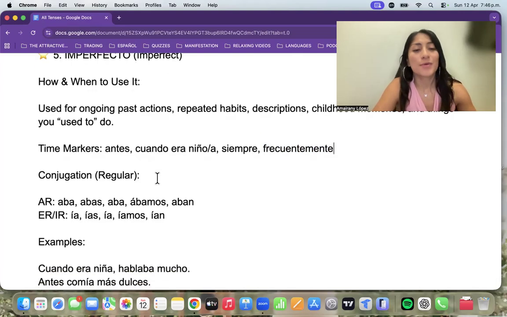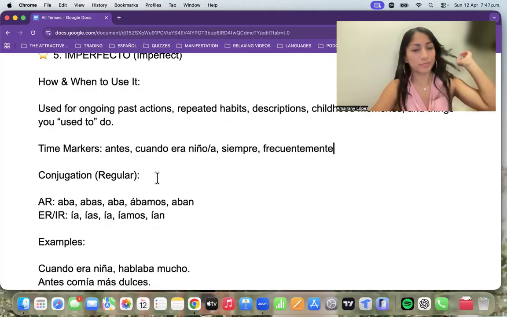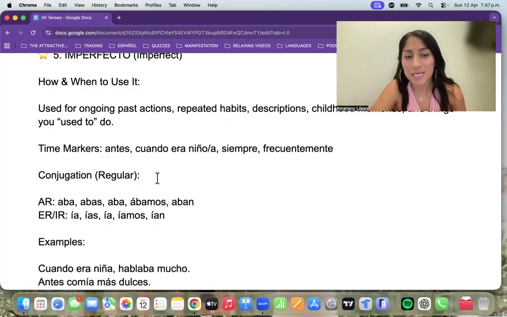Something that happens with this is that you can translate it as used to or would. For example, I would always do this. When I was living in Italy, I would always eat pizza with my friends, right? So it can be translated as used to or would, depending on how you use it, of course, as long as it's that kind of ongoing past action and repeated habit.